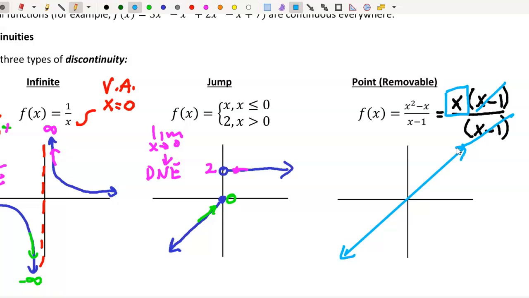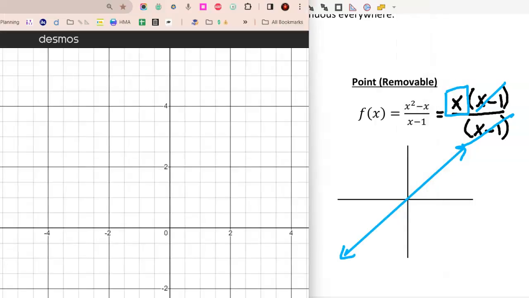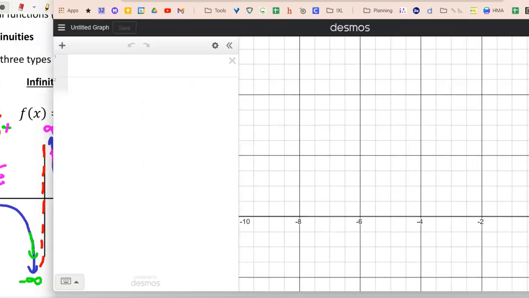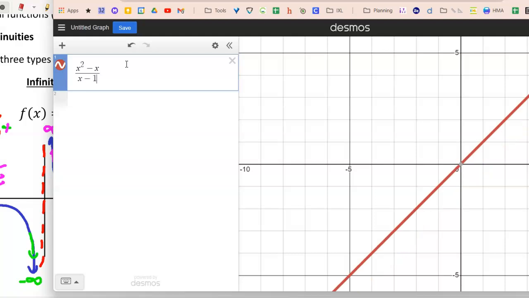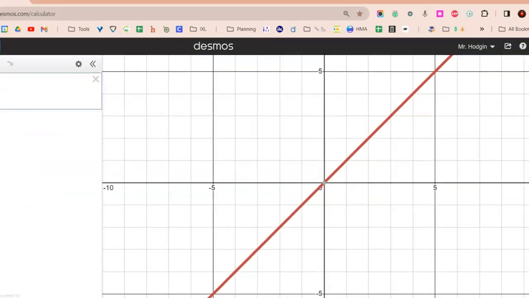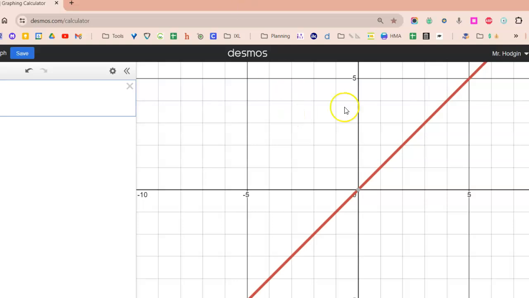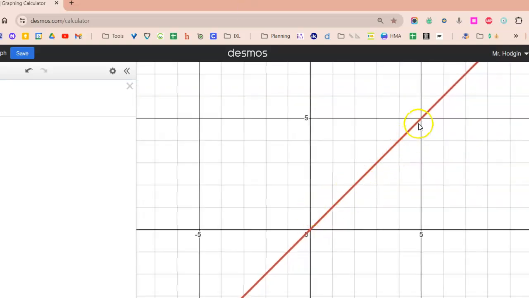But here's one of the shortcomings. If we go back here, let me pull this up and type this in: x squared minus x, and x minus 1. That's why it appears just to be y equals x, or just goes through 1, 1, 2, 2, 3, 3. The y and the x are the same all the way through.